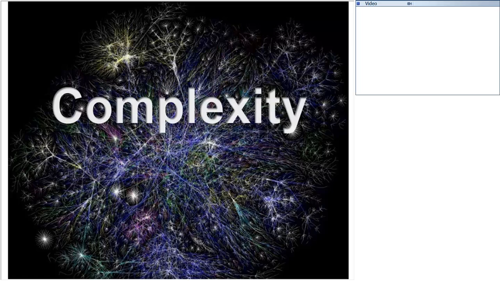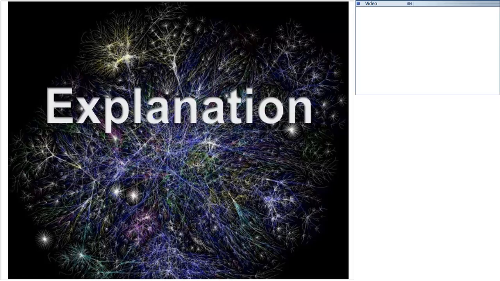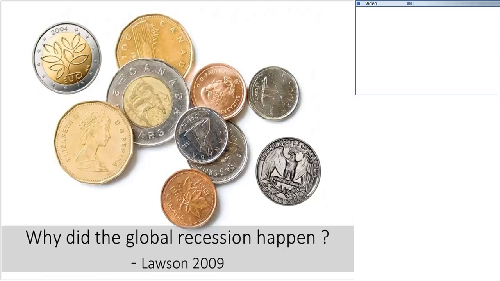And we explore why questions in relation to research a lot as well. And these why questions are essentially about complexity. Why, for example, do we see that the global recession happened in 2009, affecting economies all over the world?